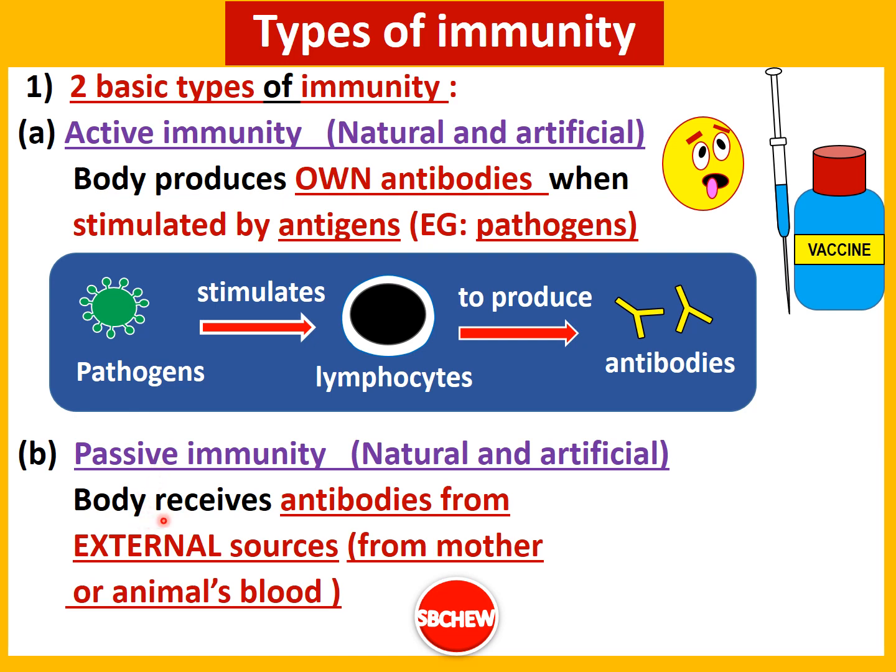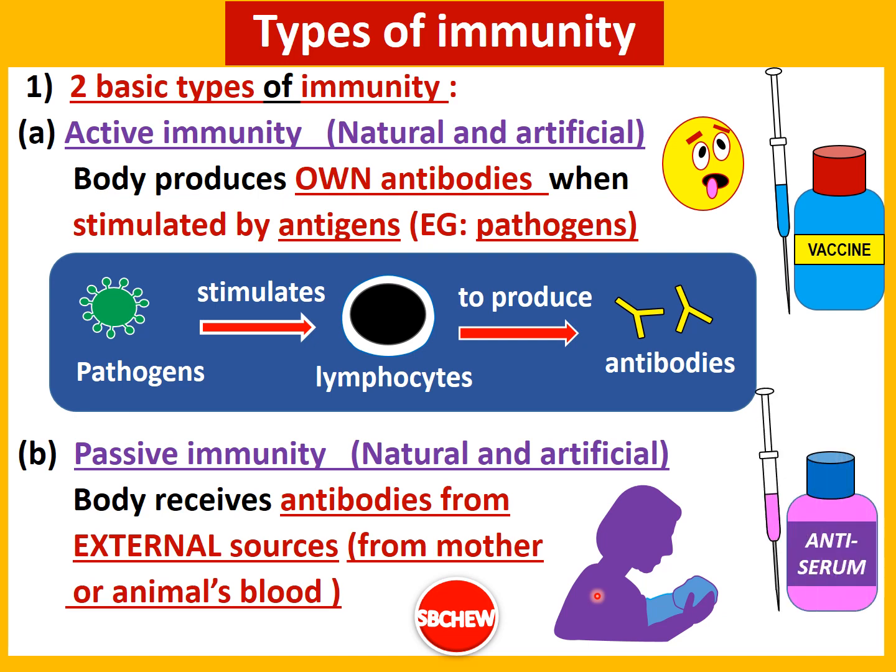The body was given the antibodies from external sources. For example, from mother to the baby through the mother's milk, or from mother to fetus through the placenta. And for the second type of passive immunity, which is artificial passive immunity, there is injection of anti-serum. We'll discuss that later.